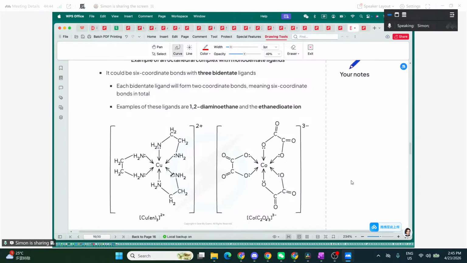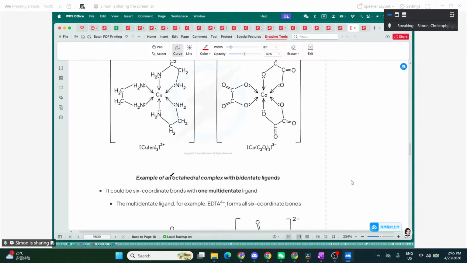The bonds is what? The left graph, the ligand is bidentate and the complex is octahedral. How about the right? It is also the same. No problem now.